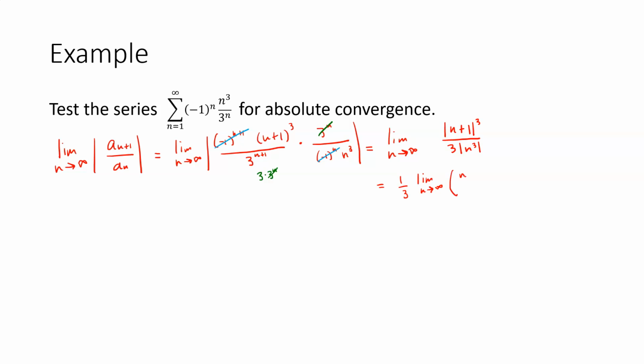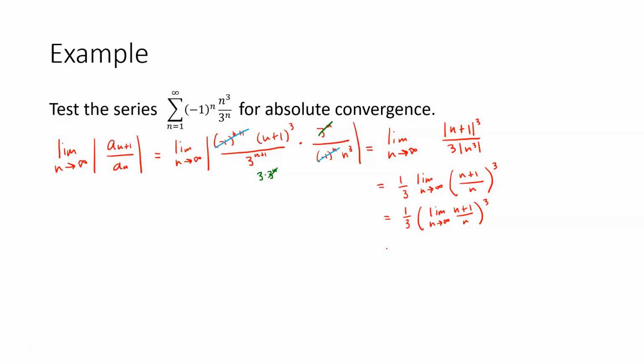And then I can put all this other stuff, the power of 3, on the outside. Since it's got a constant power here, I can move the limit inside the parentheses. And then whatever the answer is here, I'm going to raise it to the power of 3.